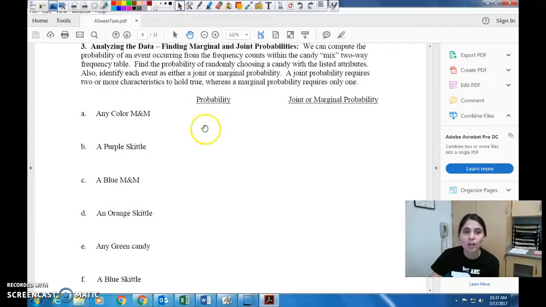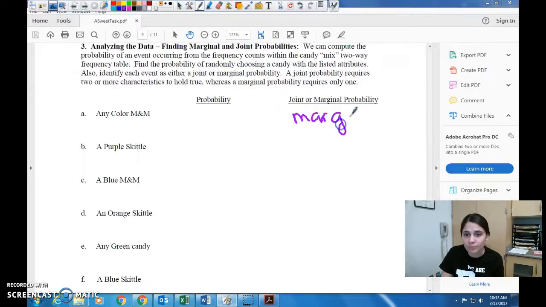So I'm going to go ahead and go through the first two examples and then have you go through the rest. So the first example is any color of M&M. So the only thing I care about is that it's an M&M, which is just one characteristic. So that means that this is marginal, because marginal is just from one characteristic. So right here we'll say marginal.